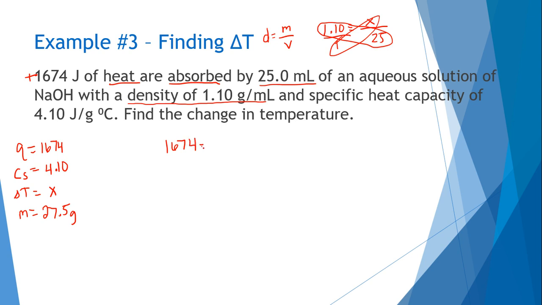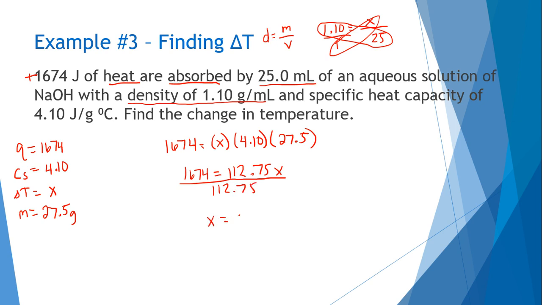1,674 equals x times 4.10 times our 27.5. Here with our algebra skills, we're going to combine terms. So this one is going to equal 112.75x divided by the number attached to x.